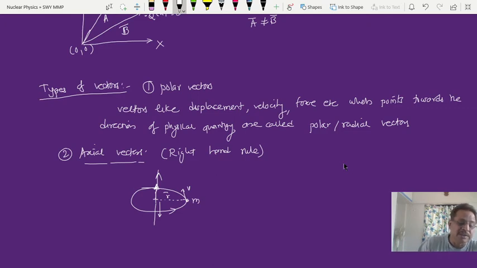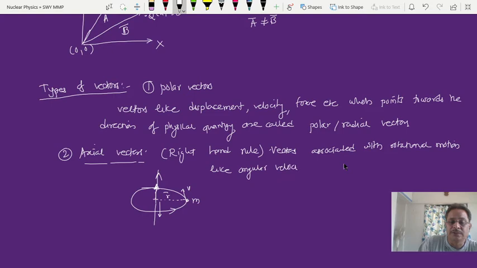Write in brief: vectors associated with rotational motion, like angular velocity, torque, angular momentum, etc., are called axial vectors.